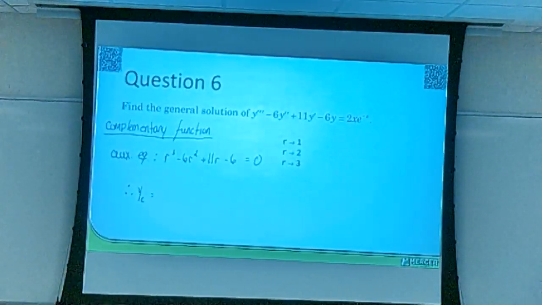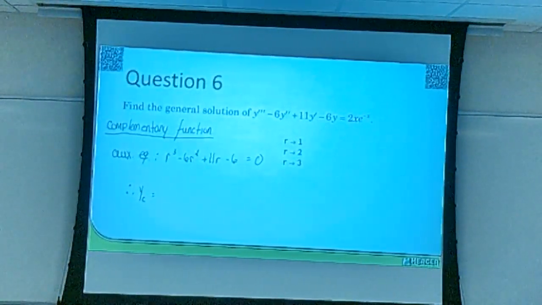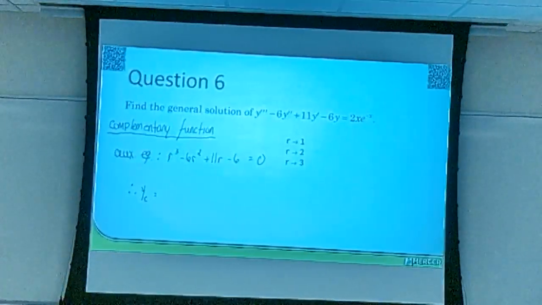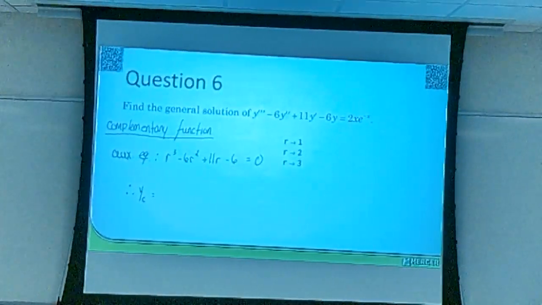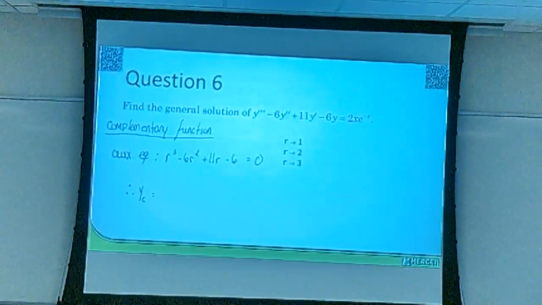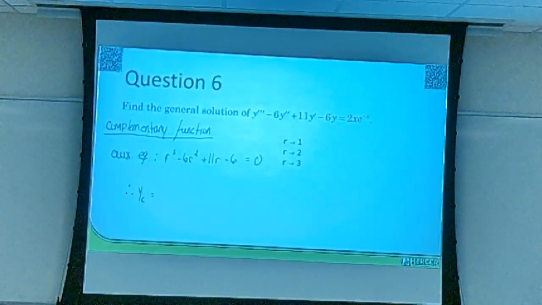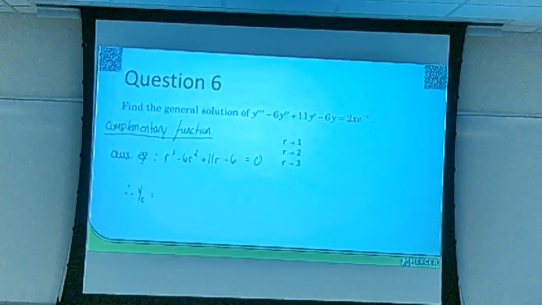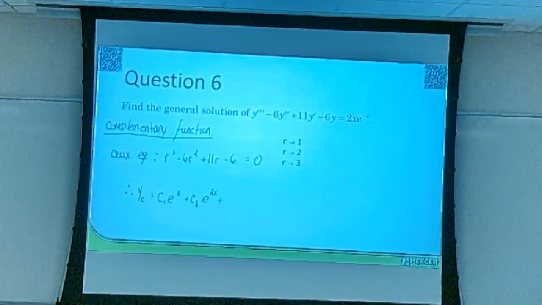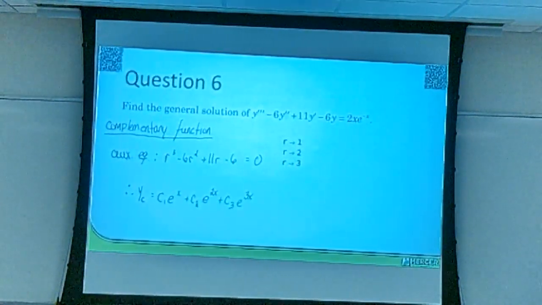What is the complementary function then? C1 e to the x plus C2 e to the 2x plus C3 e to the 3x. There's complementary.